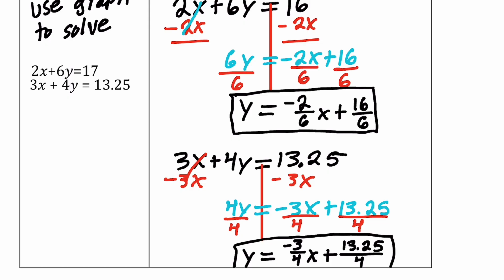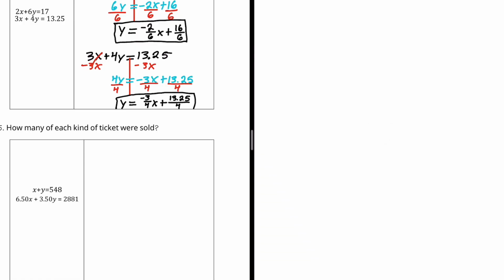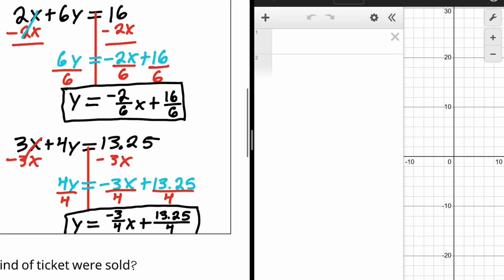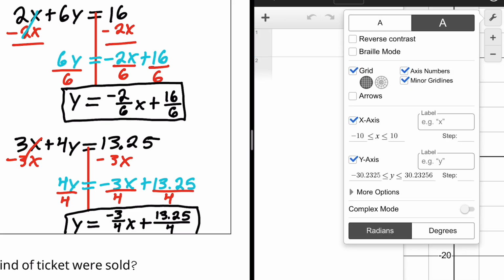Okay, now the whole reason why I solve this for y and I solve this one for y is so I can graph it. Again, I'm going to be using Desmos here to help me solve this problem. So, once I come over to Desmos, I can graph my first problem.